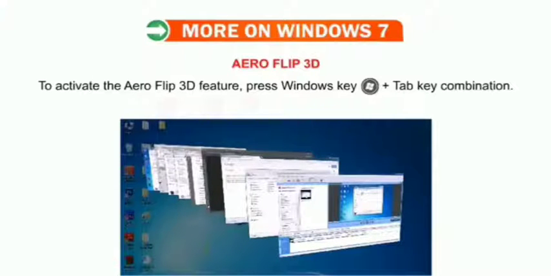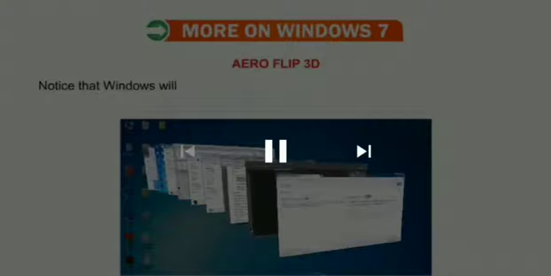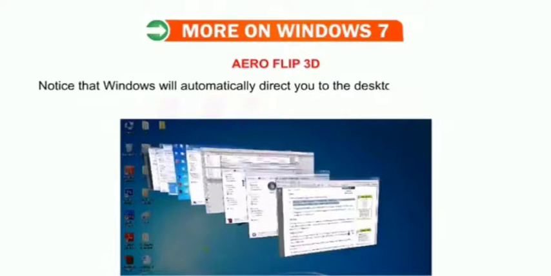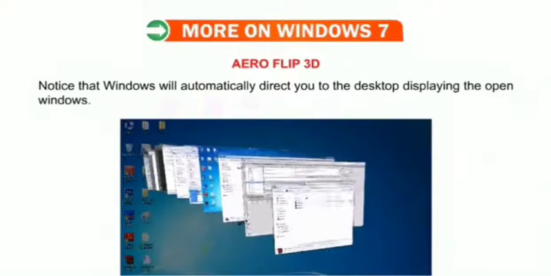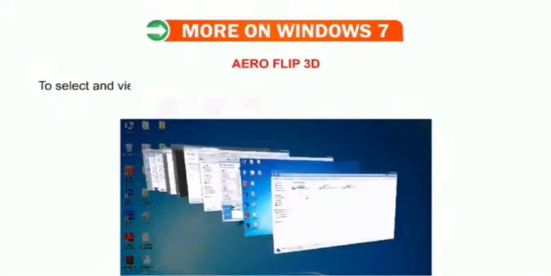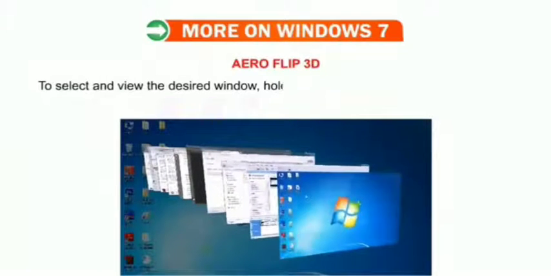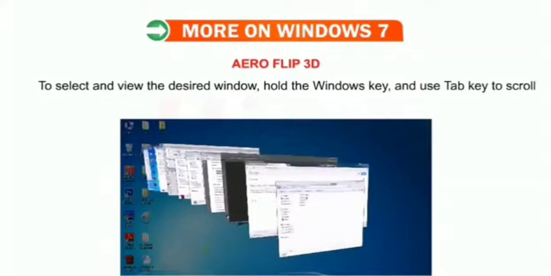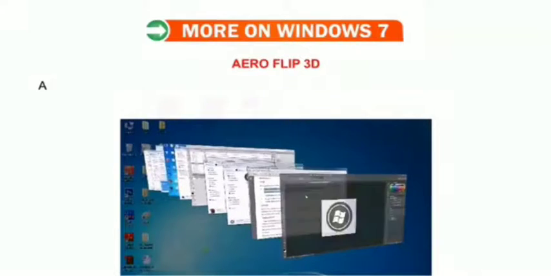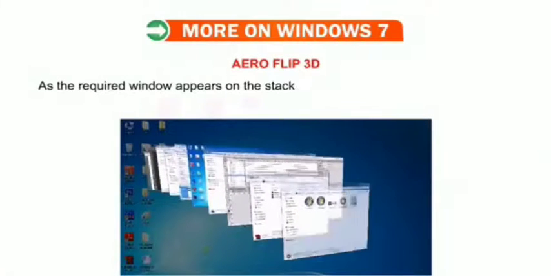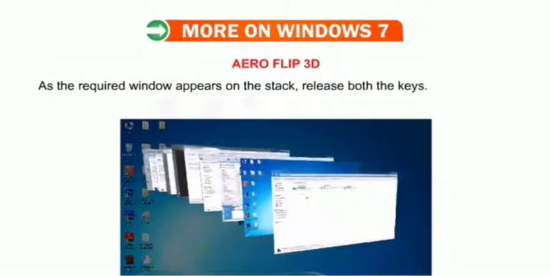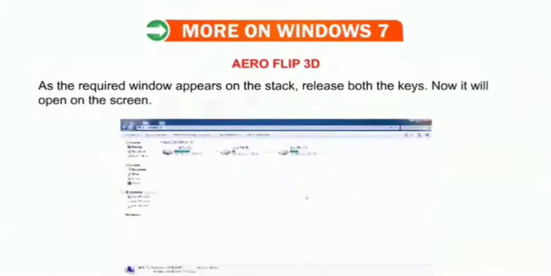Next, Windows will automatically direct you to the desktop displaying the open windows. To select and view the desired window, hold the Windows key and use the Tab key to scroll through. As the required window appears on the stack, release both the keys. Now it will open on the screen.